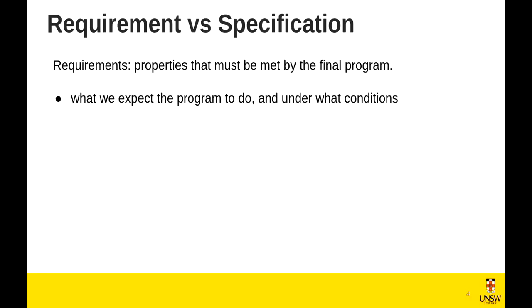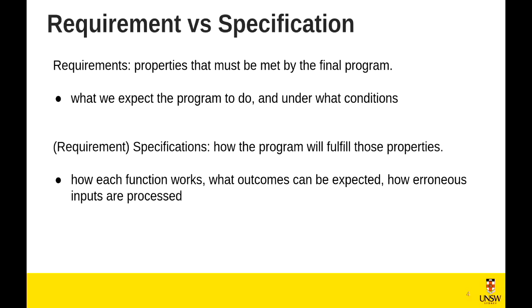When we build software, before we actually write the code, we need to be clear about the user requirements. A requirement is more like what we expect the program to do, and under what conditions we expect the program to do something. And for specifications, as indicated by the name, it is more specific.